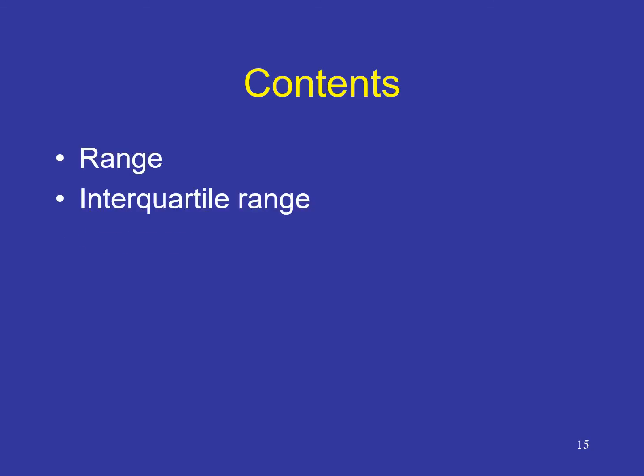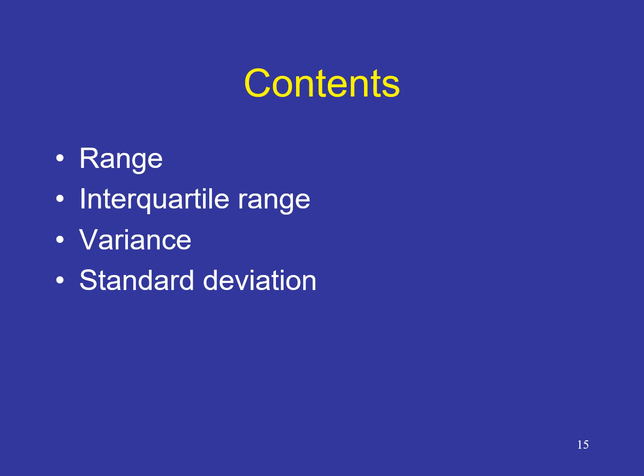So to recap, we've looked at 4 different measures of variability: the range, the interquartile range, the variance, and the standard deviation. We've said that most of the time the standard deviation is the best one to use.